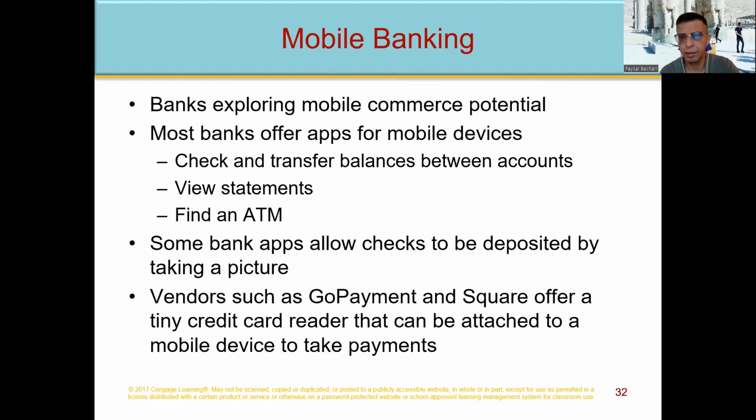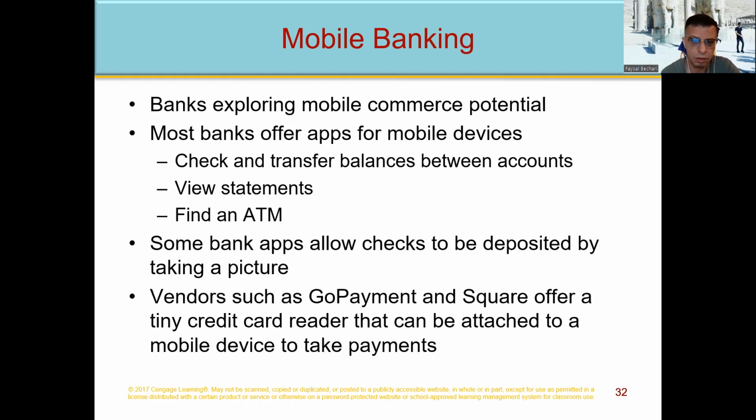Mobile banking. Banks are exploring mobile commerce potential. Most banks offer apps for mobile devices to check and transfer balances between accounts, view statements, find an ATM, and make payments. All of these can be done through mobile payment. Some banks' apps also allow a check to be deposited by taking a picture of it.